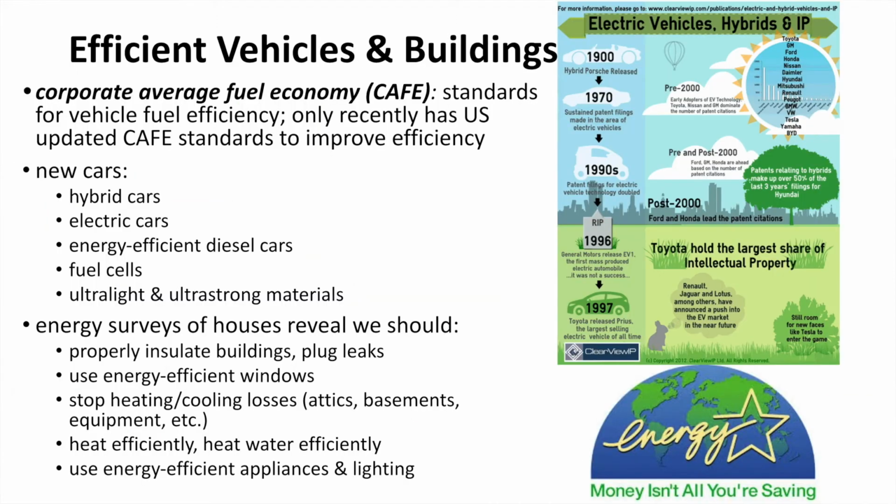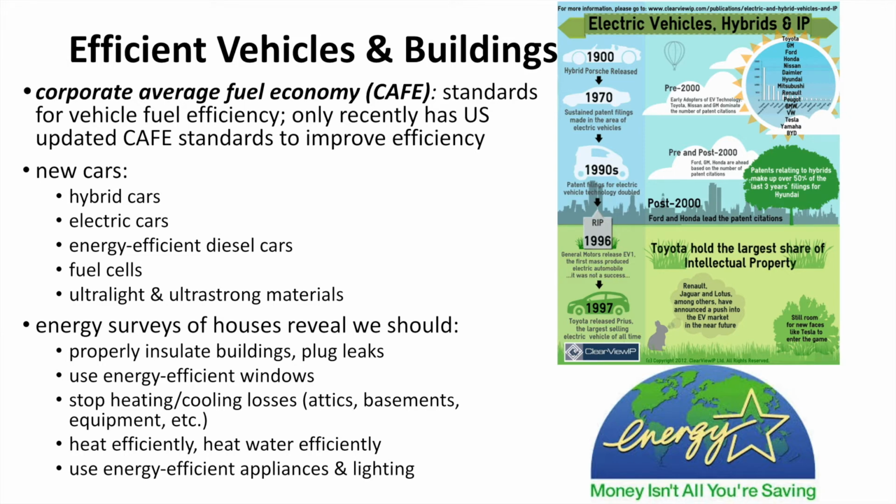So, these plans or these suggestions to make our buildings more efficient, to make our vehicles more efficient, come from programs like Energy Star, programs that are federally funded that are going to set specific standards for things like fuel efficiency.